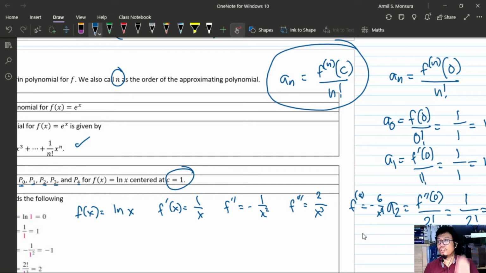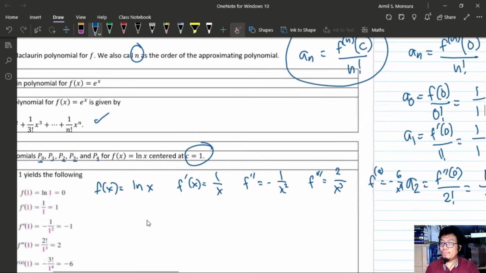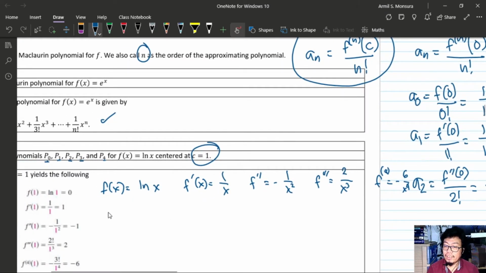So let's evaluate those at 1. Therefore, f of 1 is ln of 1, so that's 0. F prime of 1, remember we have to evaluate this at c, that's why I substitute 1 here, so f prime of 1 is 1.